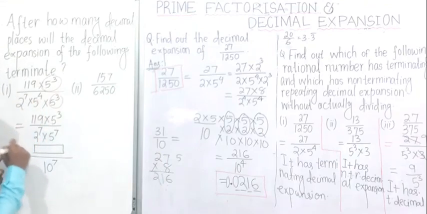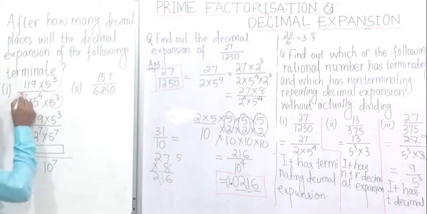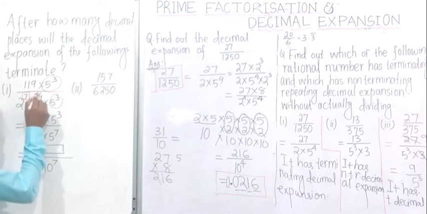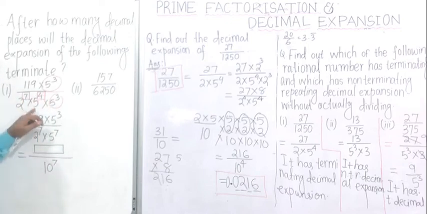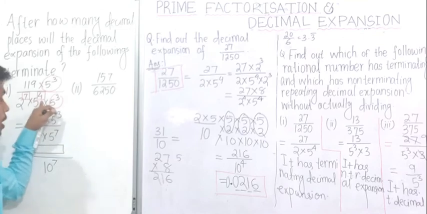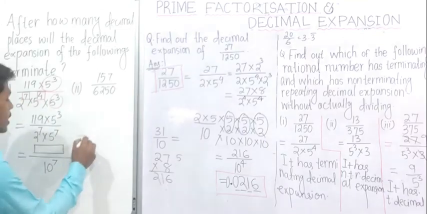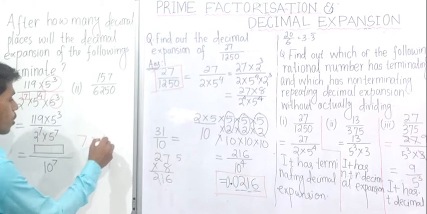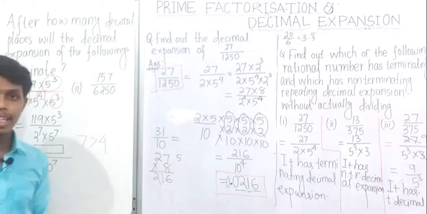We don't need to do all this process, we just have to check in the question which exponent is greater. Here 2 has 7 as its exponent and 5 has 4 as its exponent, and 7 is greater than 4. Yes or no? 7 is greater than 4.